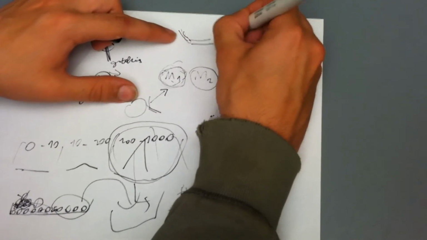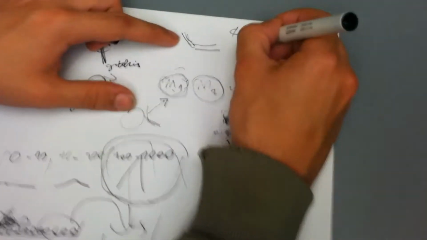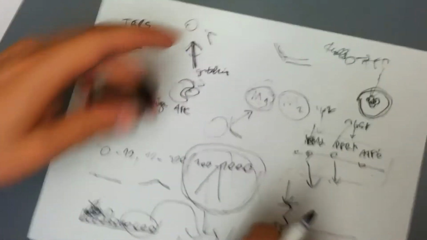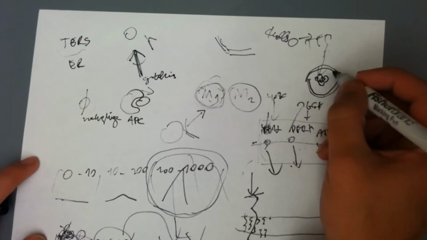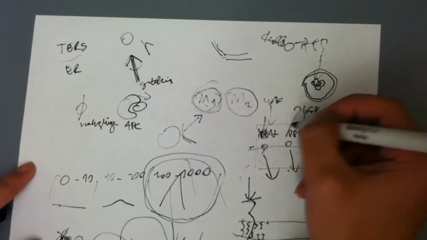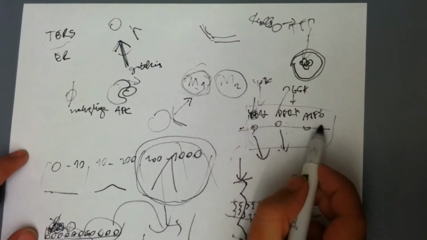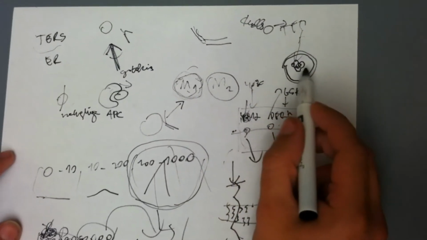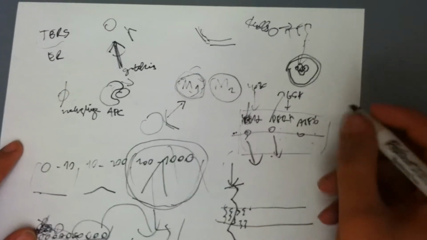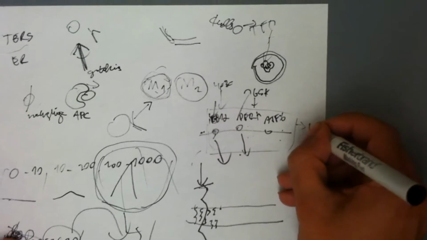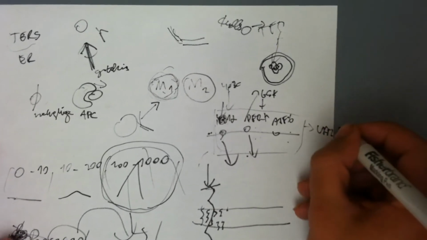TERS is produced by cancer cells, and then it penetrates the macrophage and activates several proteins inside the endoplasmic reticulum of the macrophage, which are involved in the process of UPR, unfolded protein response.